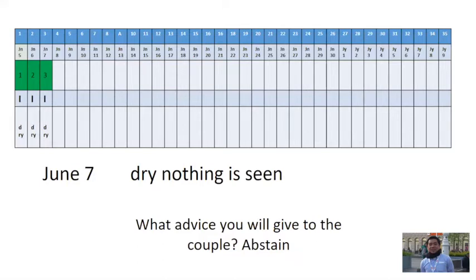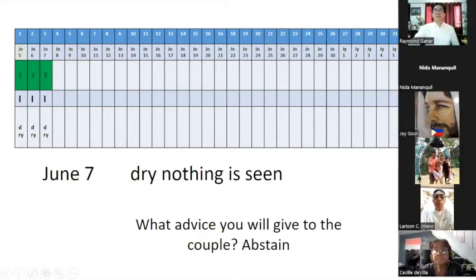If on June 8 you are dry the entire morning until evening, then we are now very, very sure that the cervix is completely closed. We are able to have 3 days of dry. On June 8, if you are dry, you can now apply what rule? Because these are dry days. What kind of dry? I want to have an answer from the class. Is it BIP or luteal?